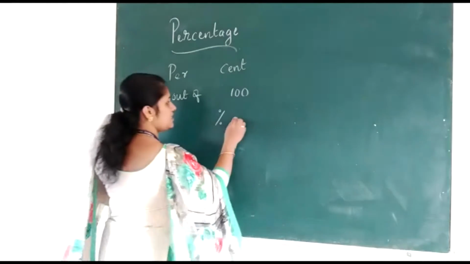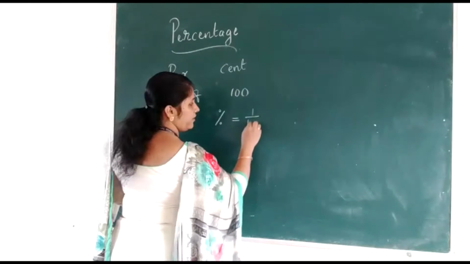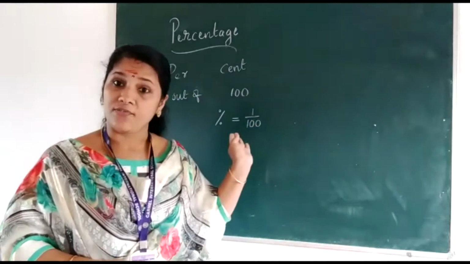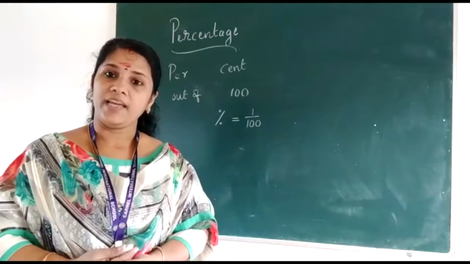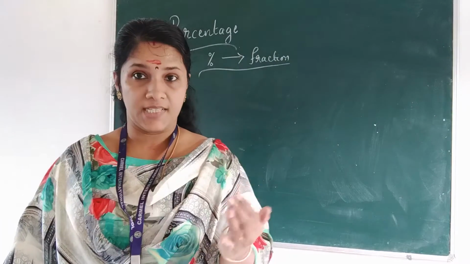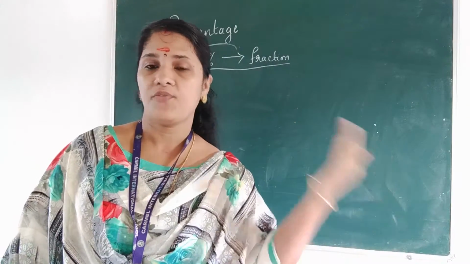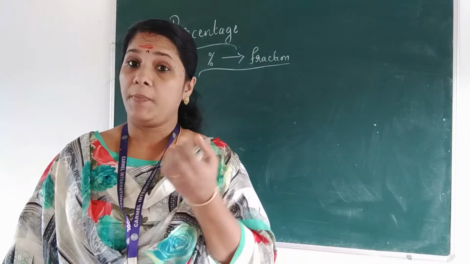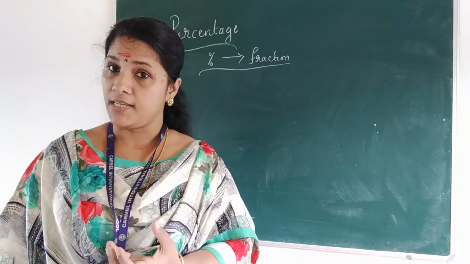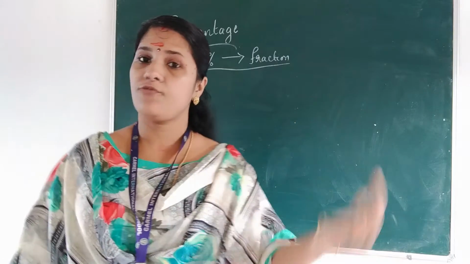And the meaning is out of 100. Out of 100, we can write like this in the fraction form, 1 by 100. How can we convert a percentage in the form of a fraction? If a percentage is given, we are going to convert it in the form of a fraction.